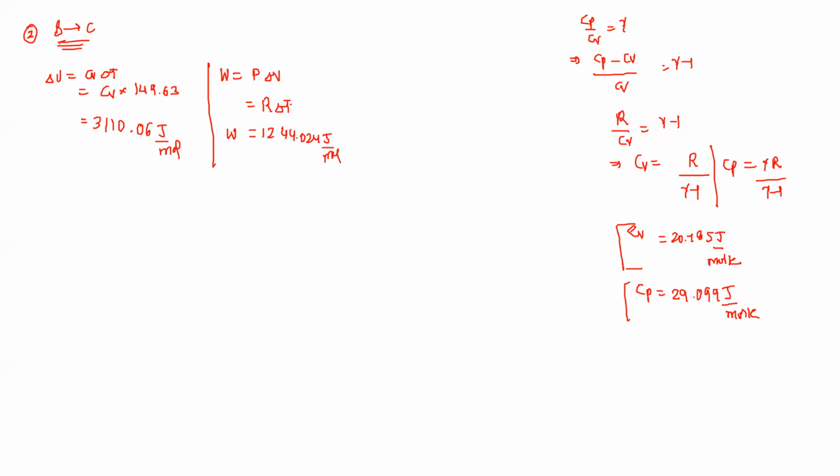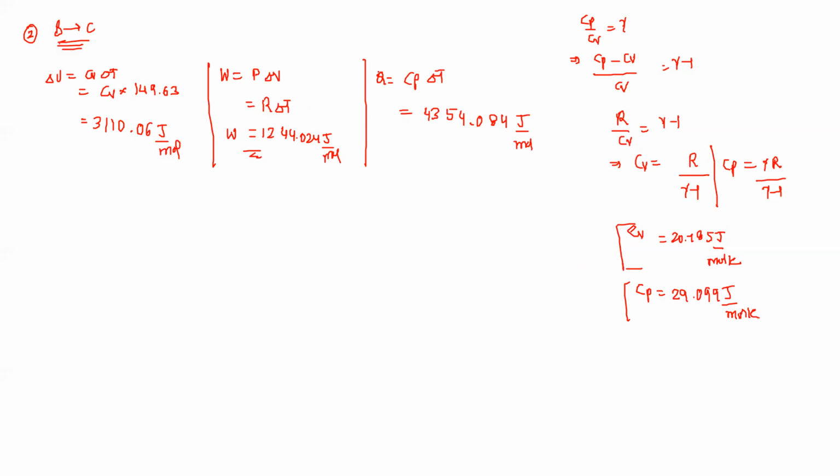This is how we get the work done. And the heat transferred, for a constant pressure process, is Cp delta T. That is going to be 29.099 into 149.63. So heat transferred we get as 4354.084 joule per mole.